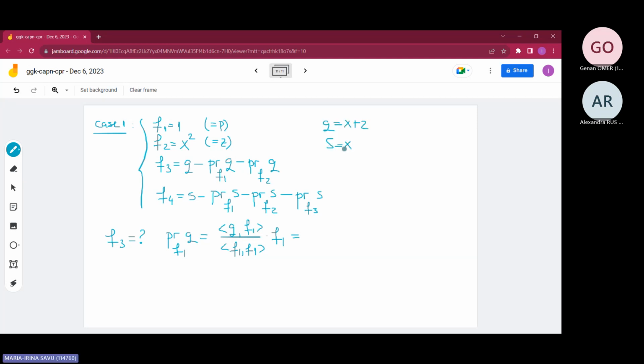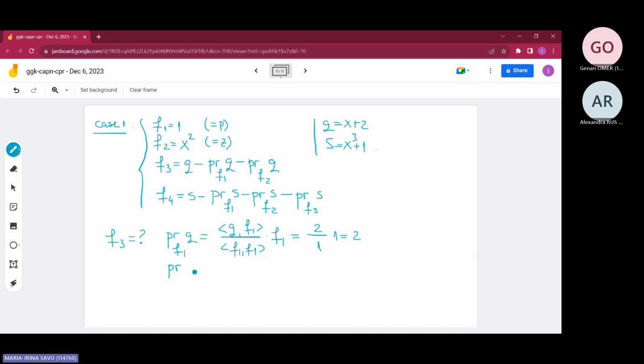So this is Q with F1, which is 2, over 1, times F1, which is 1, so this is 2.